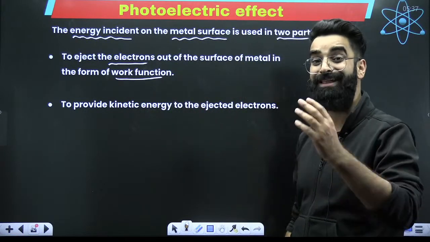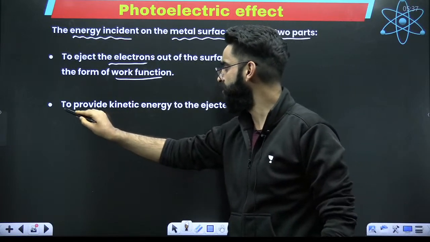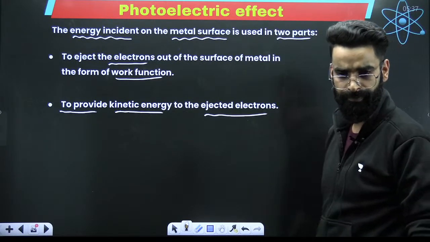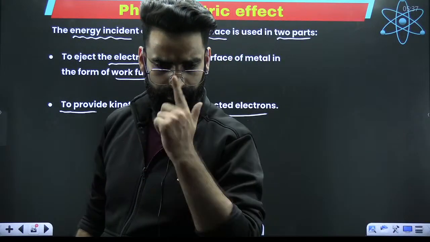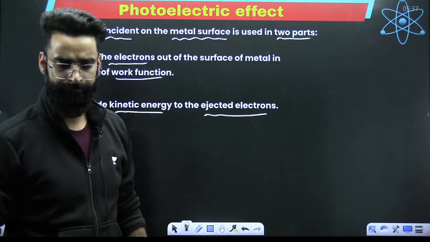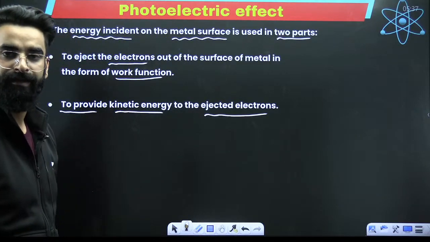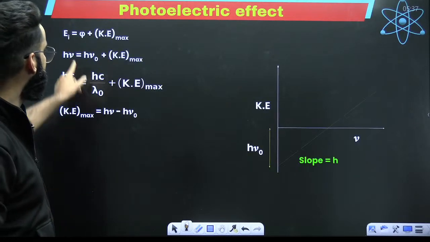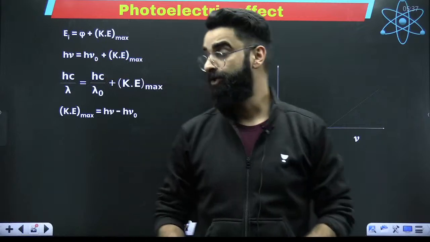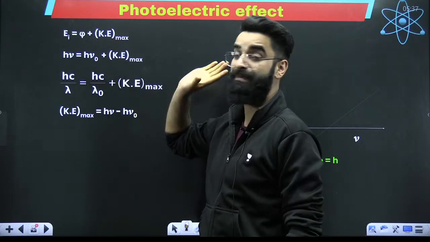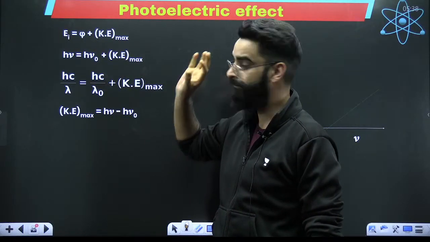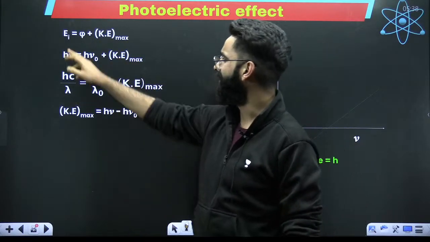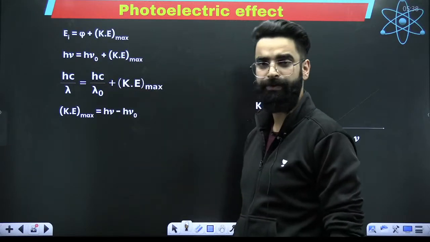And the remaining incident energy is used to provide the kinetic energy of the ejected electrons. So, due to this scenario, we got one equation: incident energy is equal to work function plus maximum kinetic energy possessed by the emitted electron. All these formats I've already shown you.